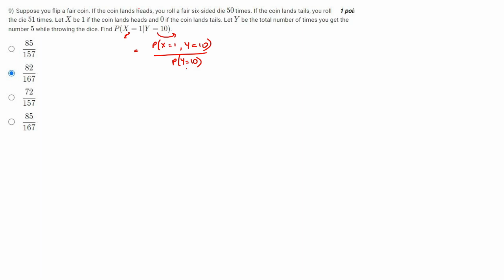Now, to find P of Y equal to 10 is not so easy, so we'll write this in a different form. I'll send this to the left hand side, so that P of X equal to 1 given Y equal to 10 into P of Y equal to 10 is equal to P of X equal to 1 comma Y equal to 10.